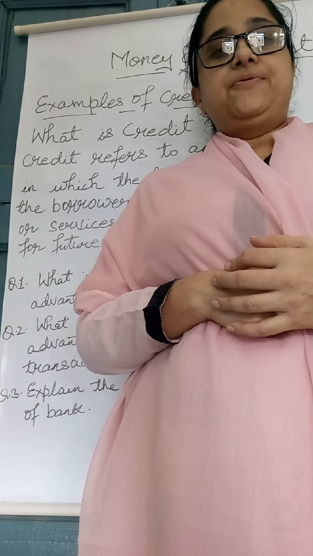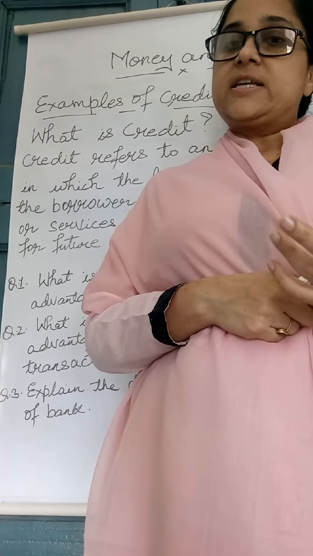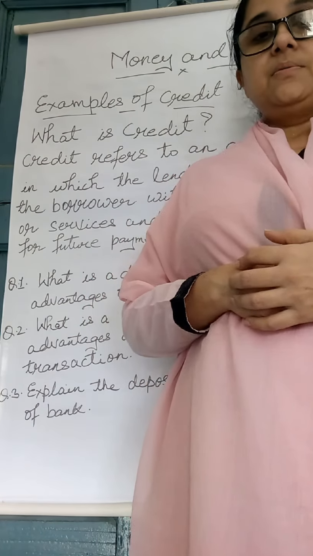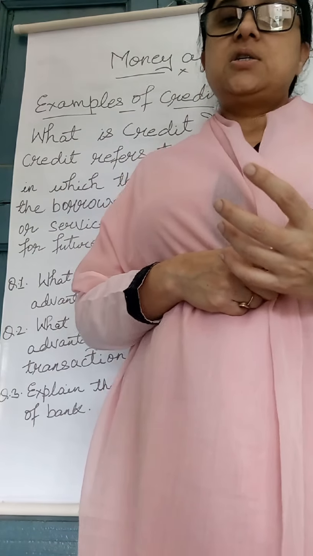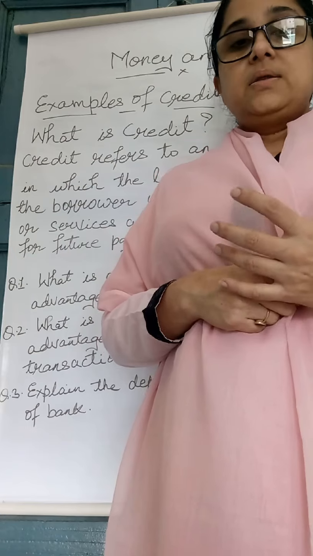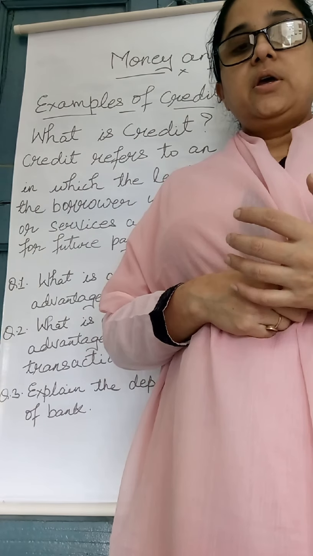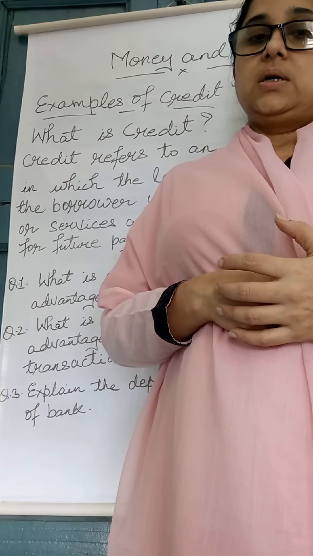In our daily life, a large number of transactions take place. These transactions may be on cash payment or on credit basis. These days, a good number of transactions involve credit in some form or the other.